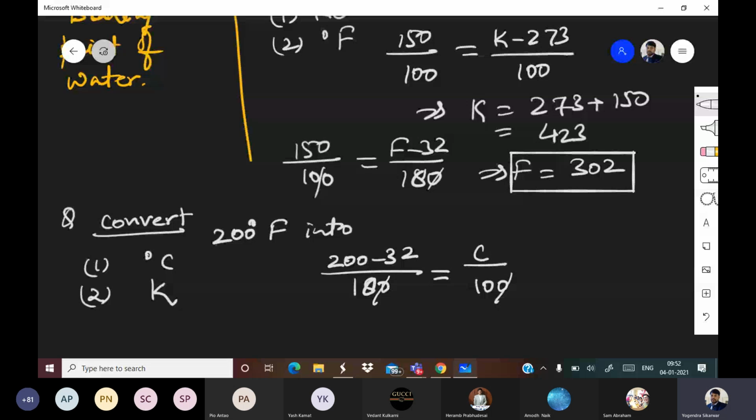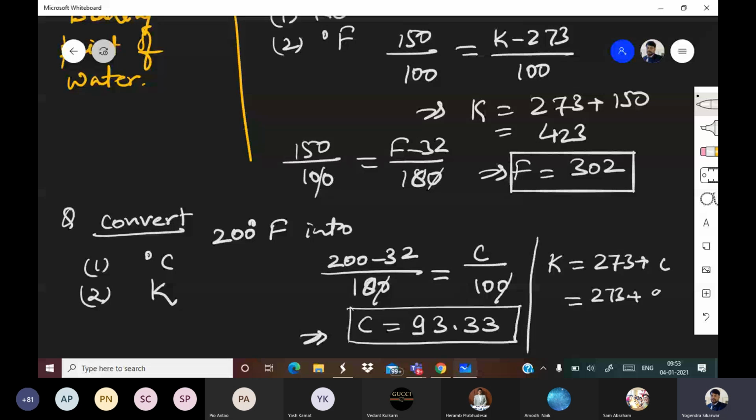And once you get C, you can simply find K. K is equal to 273 plus C, so that will be 273 plus 93.33, and that will be 366.33. Understood everyone?